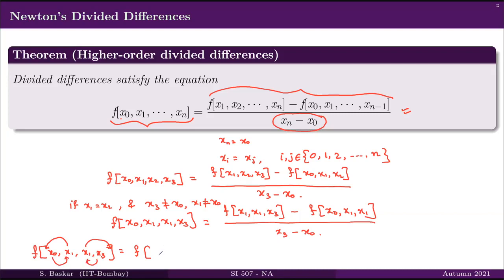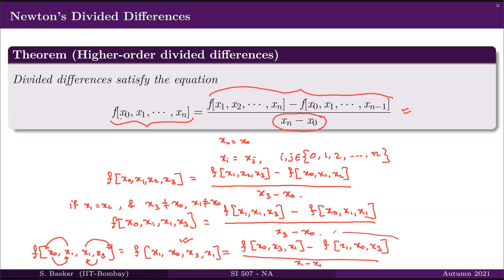By permutation, the value of the divided difference will never change. That is what we have learned in the name of the symmetric property. Therefore, this should be equal to f of x1, x0, x3, x1. And now if you apply this formula to this divided difference, we will have f of x0, x3, x1 minus f of x1, x0, x3, right, divided by x1 minus x1, and that seems to be a problem.